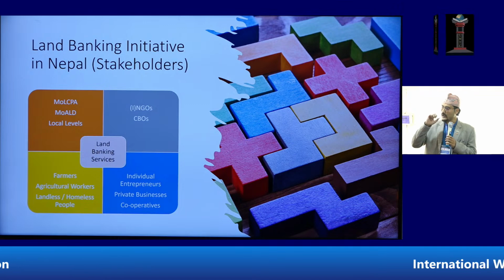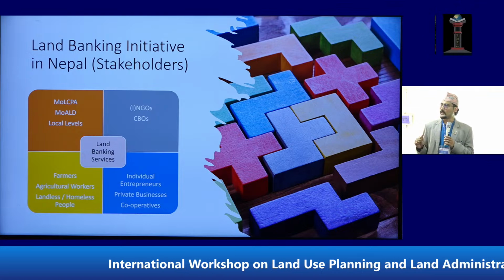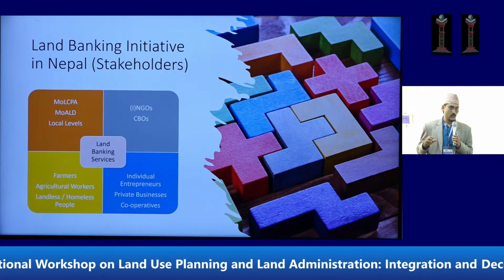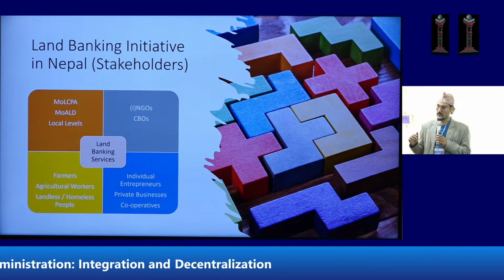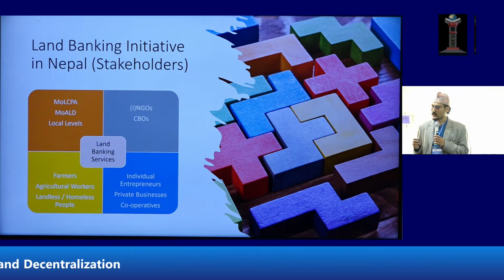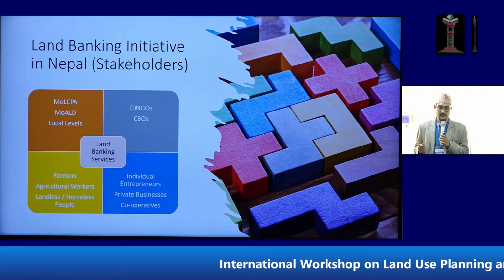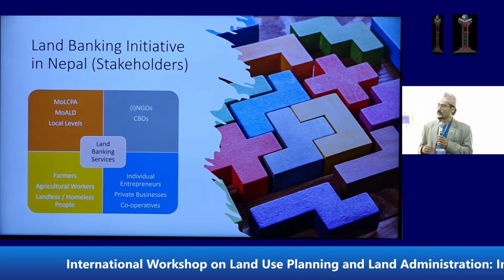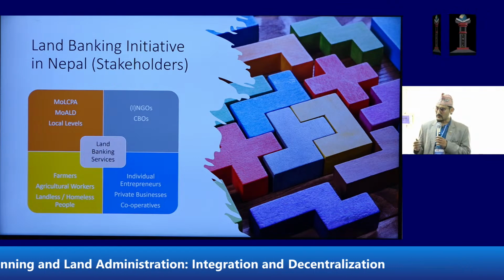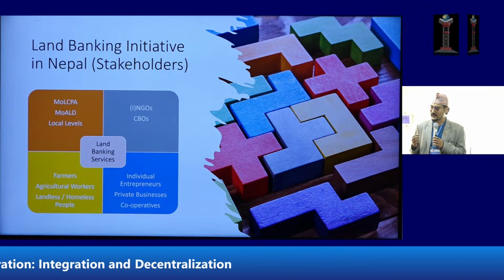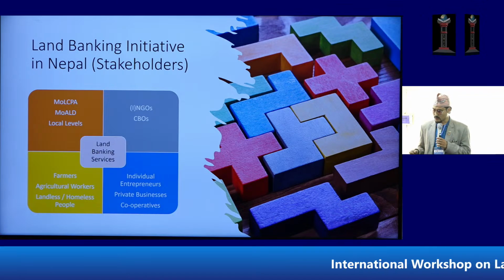While we go through the concept presented by the ministry, it talks about several stakeholders for land banking services. From the government, there are the Ministry of Land Management, Cooperatives and Poverty Alleviation, the Ministry of Agriculture and Livestock Development, and the local levels. And there would be INGOs or NGOs and CBOs, farmers, agricultural workers, landless or homeless people, and also individual entrepreneurs, private businesses, and cooperatives.